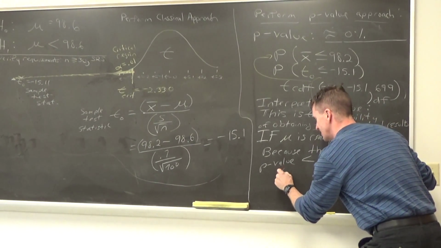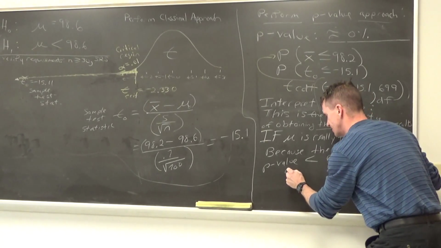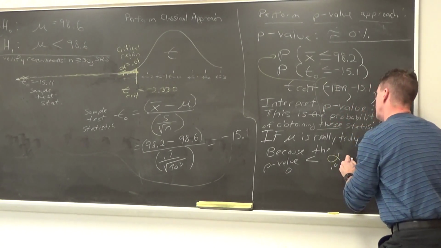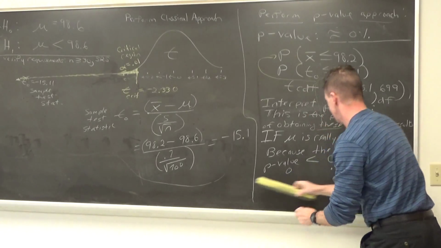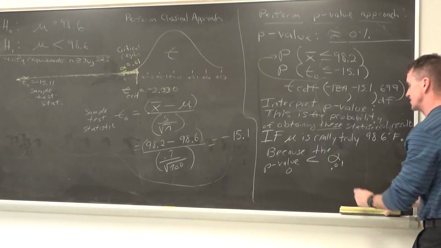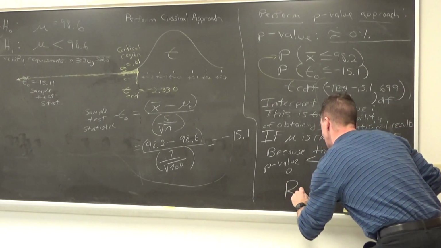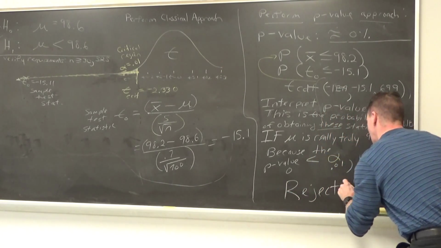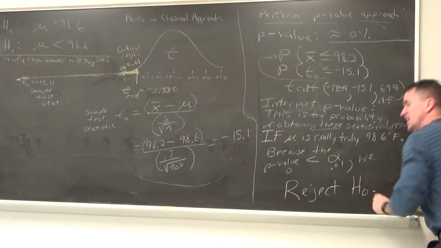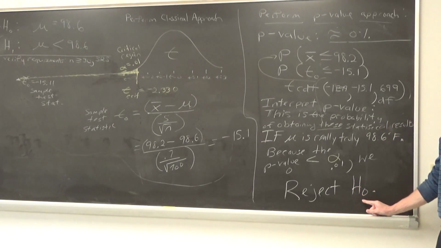This was what? 0.00. Because the p-value is lower than this is where I like to make this final statement. We reject H naught. We reject the null hypothesis.